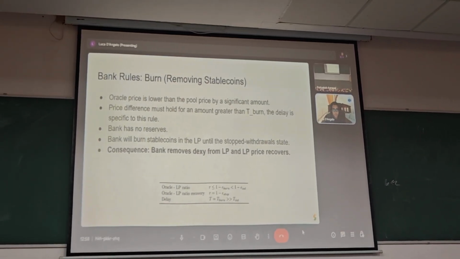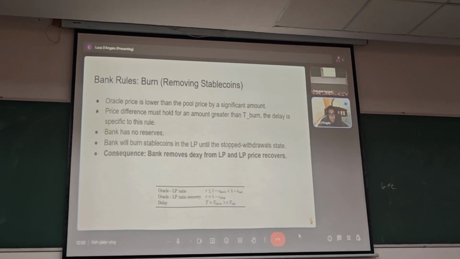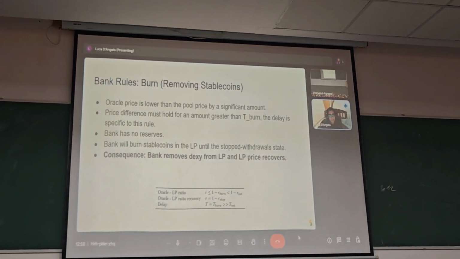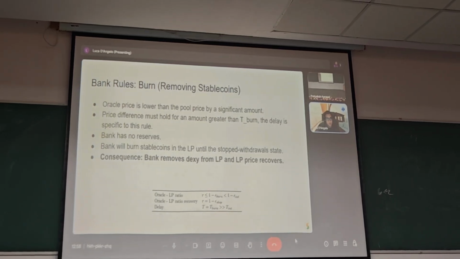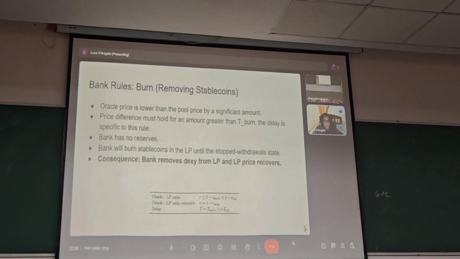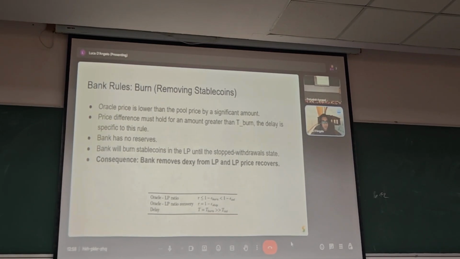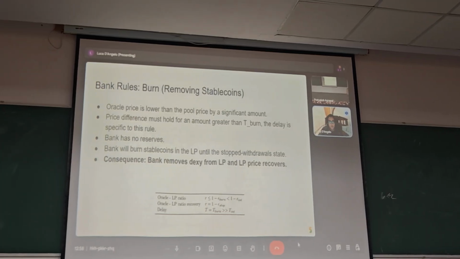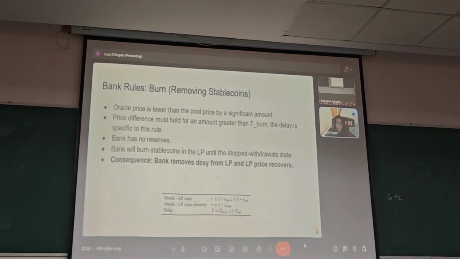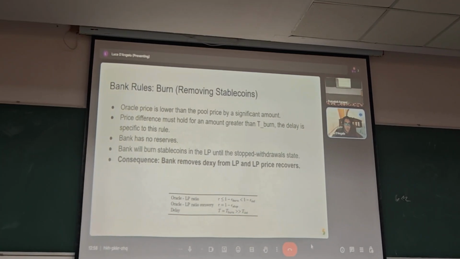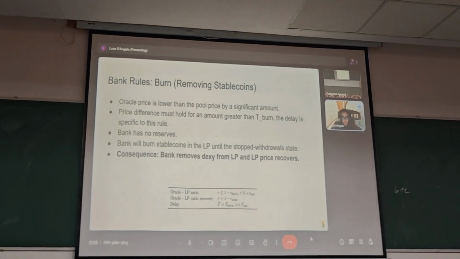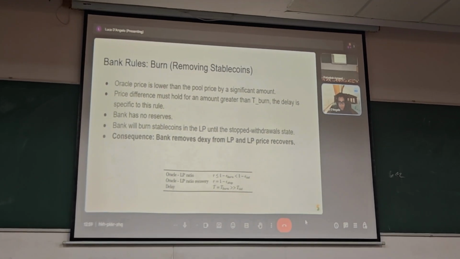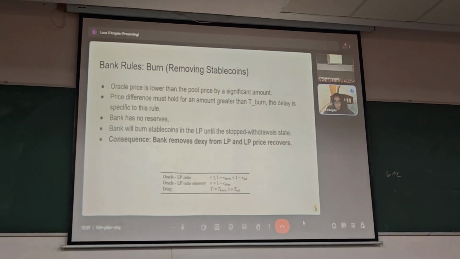Again, this would be like a primary issue. In this case, the bank has no reserves, so it's a last resort. It'll burn the stablecoins until the LP is in the stop withdrawal state. This is the LP rule where people can't deposit their LP tokens and get their liquidity back.